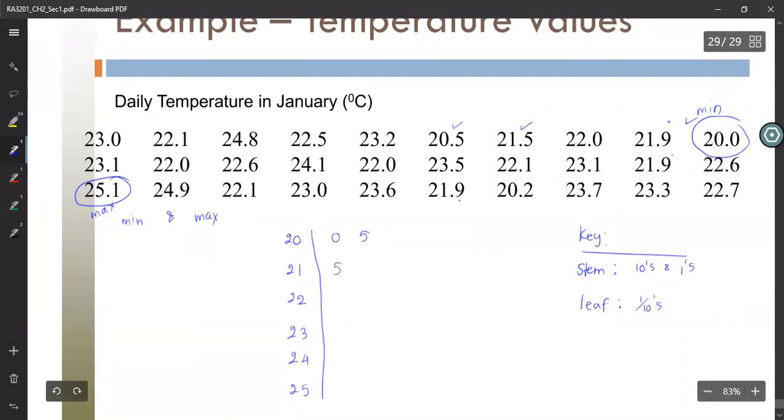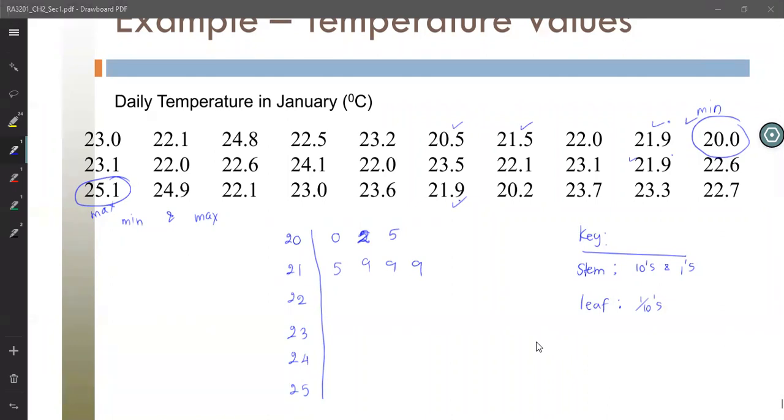Then 20.2 also. Oh, yeah. So you have 2 and 5. Okay. Next. So this for 20: 0, 2, and 5. Okay. So I have 21.